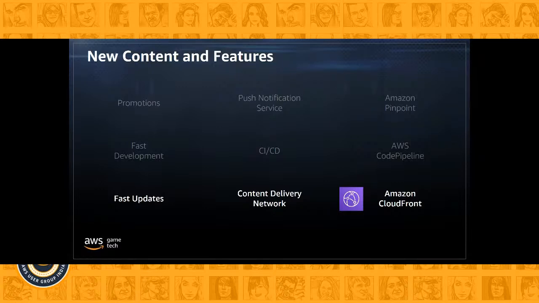It distributes the content with extremely low latency and very high transfer speeds, and utilizes edge locations around the world that are specifically designed to be where the players are playing. So it allows you to have a lot of different options for different types of patches, downloadable content, any sort of new content, with super fast delivery. You would want to utilize some sort of content delivery network to get that in front of your players.